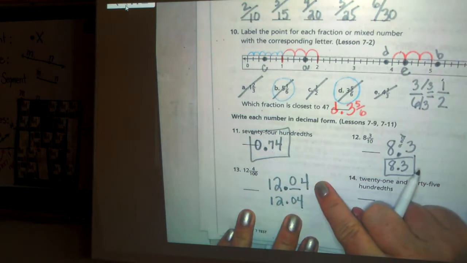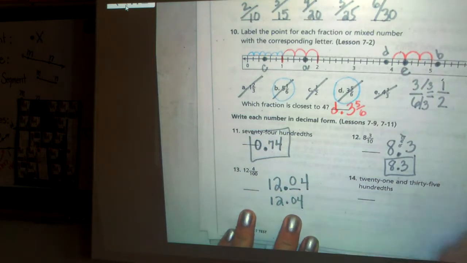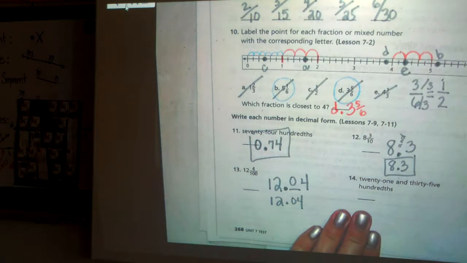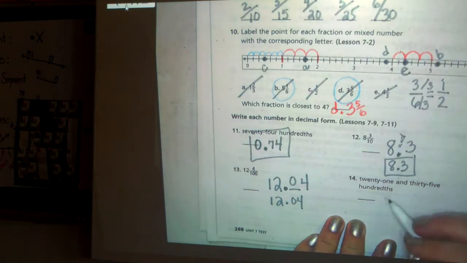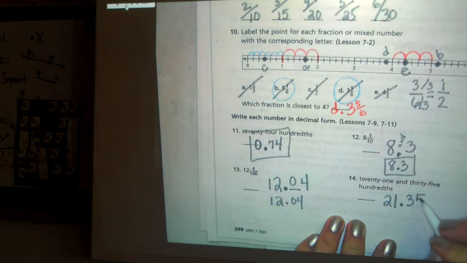And we know that there's a big difference between $12.40 and $12.04. So keep that thought in mind when you see problems like that. Number 14, 21 and 35 hundredths. 21 and 35 hundredths.